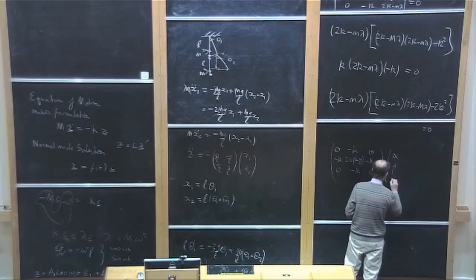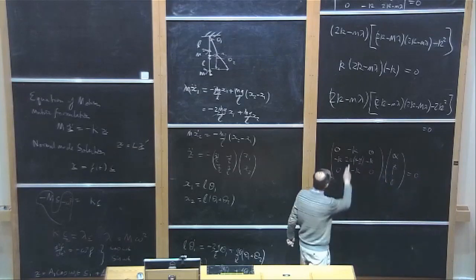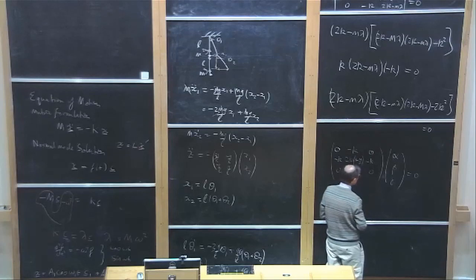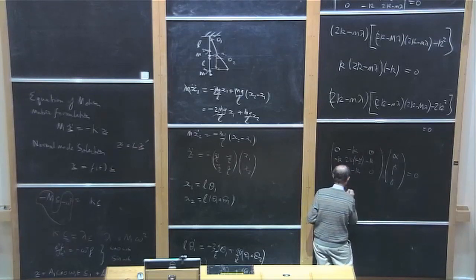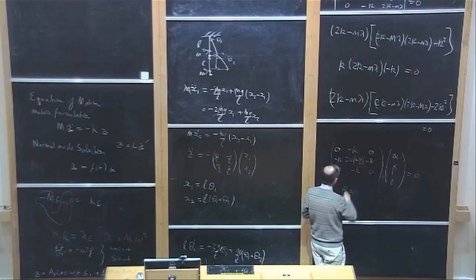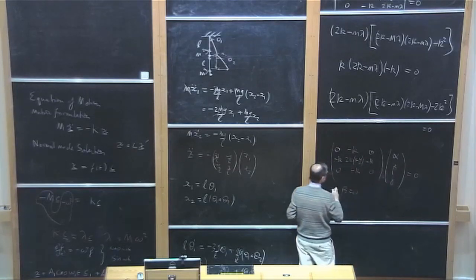Multiplying by alpha, beta, gamma equals naught, we immediately see that k beta has to be 0, so beta is 0. And although I put some effort into calculating this, in fact it doesn't contribute because it multiplies beta.